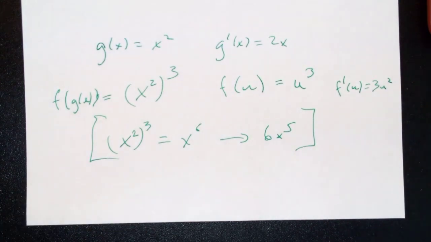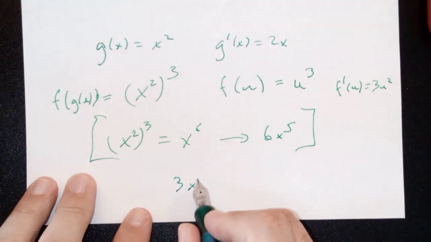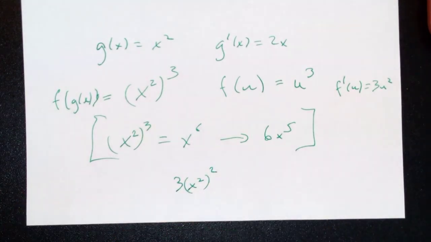I'm going to take the derivative of the outside. That's what we just did. I'm going to leave the inside alone. Instead of u, I'm going to write x squared. But wait, there's more.